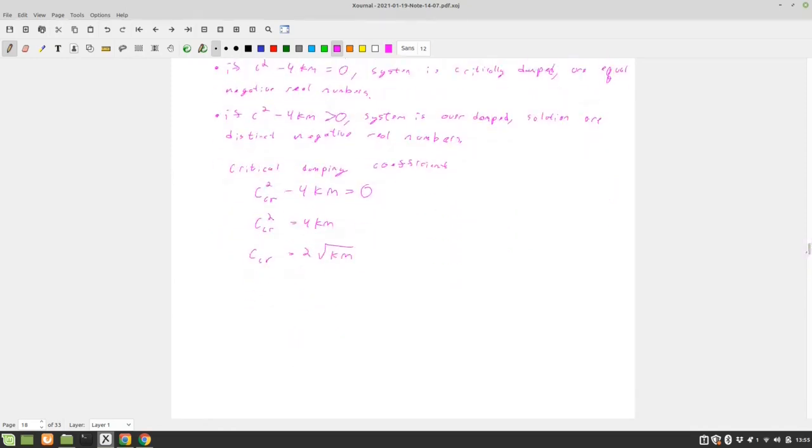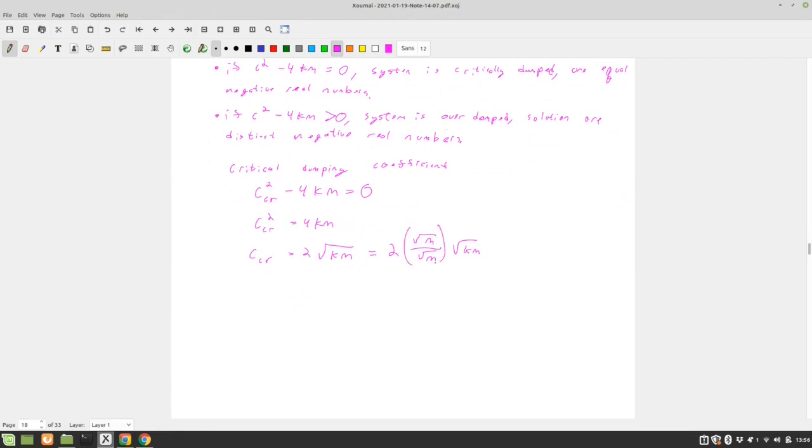There's another one that we want to do. Because if you have a square root, a k and an m, what does this look a little bit like? The natural frequency, right? So let's get our critical damping in terms of our natural frequency. But to get that, we have to add a term. Well, we're going to add 1. So this is also equal to 2 square root of m over square root of m, times square root of km.